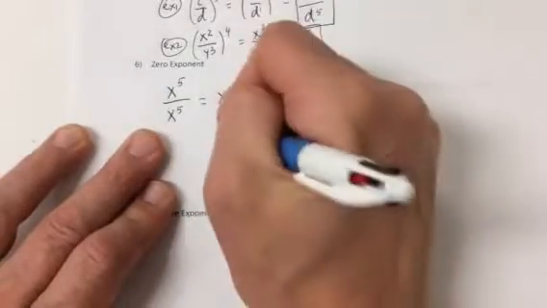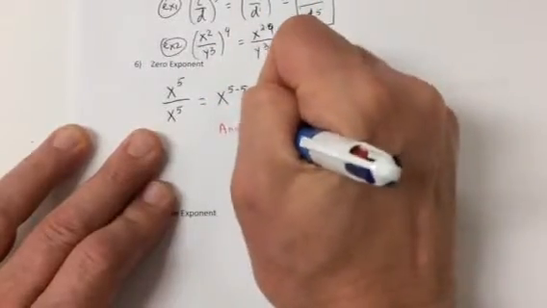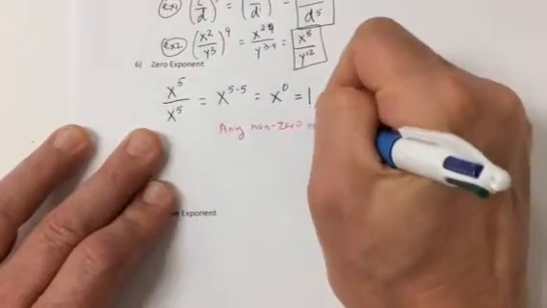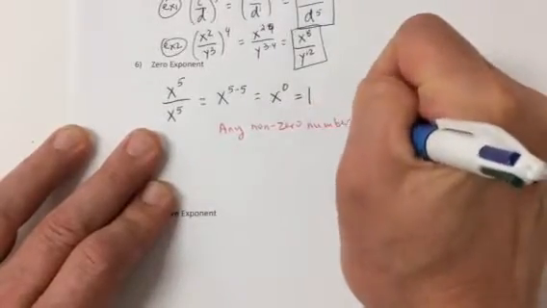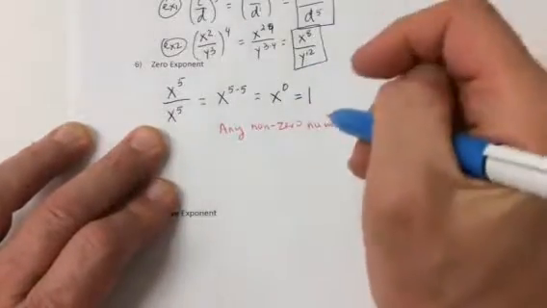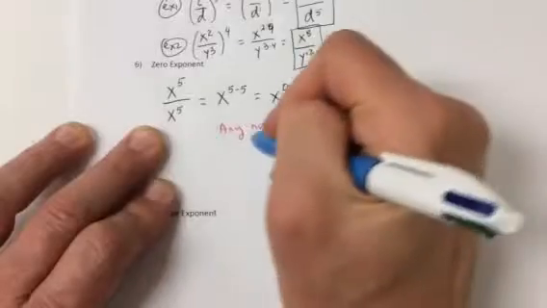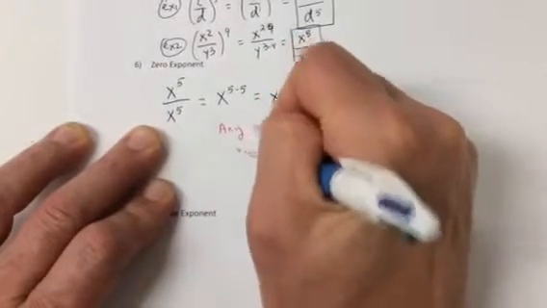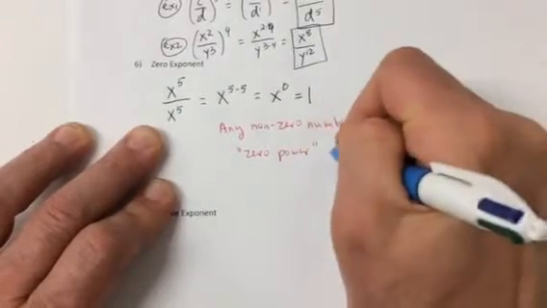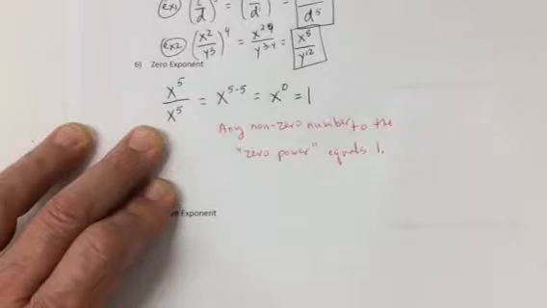So what goes with this is for any non-zero number to the 0 power equals 1.